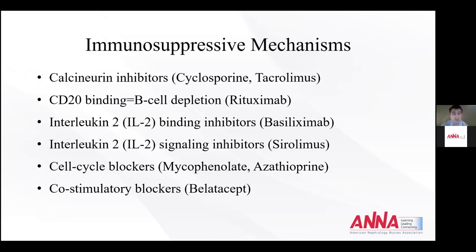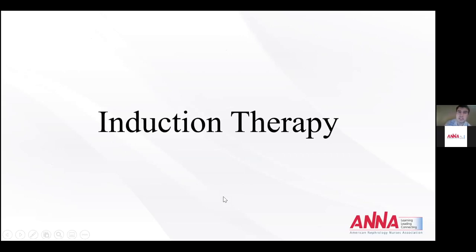Interleukin-2 signaling inhibitors: there's a binding inhibitor, and then there's one that blocks the signaling of interleukin-2, known as sirolimus. Cell cycle blockers, which mess with DNA and RNA replication, mycophenolate mofetil and azathioprine. And then co-stimulatory blockers, also belatacept. So these are some of the common ones we're going to talk about today. The first thing we're going to do is induction therapy.